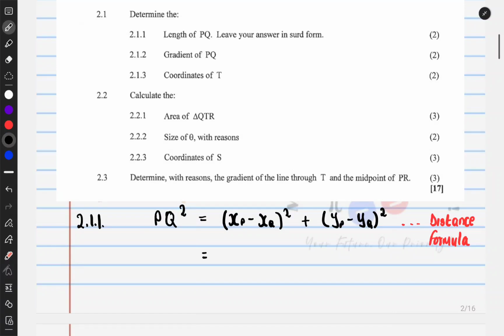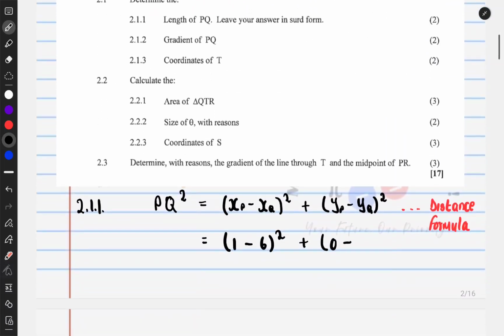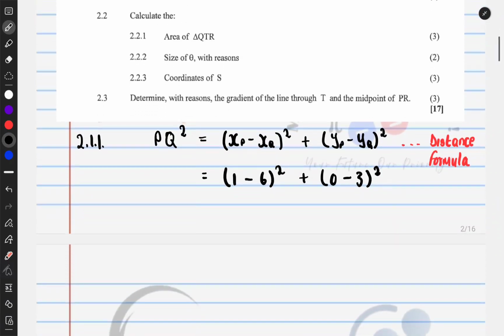This is equal to (1 minus 6) squared plus (0 minus 3) squared. Okay, and then let's calculate. What do we have here? We have 1 minus 6 is negative 5, squared is 25, plus 0 minus 3 is negative 3, squared is 9.